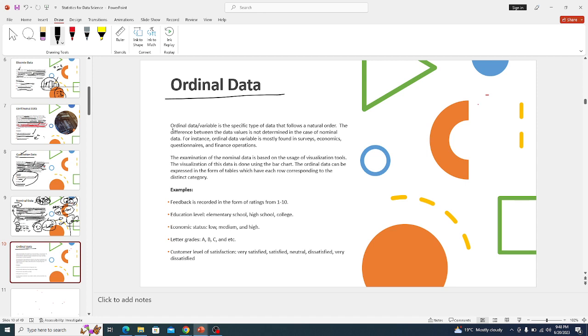Let's now discuss the last slide for today. So we have ordinal data. As we said, ordinal data follows a natural order. And the difference between the data values is determined, in contrast to nominal data. For instance, ordinal data is mostly found in surveys, economics, questionnaires, and finance operations.